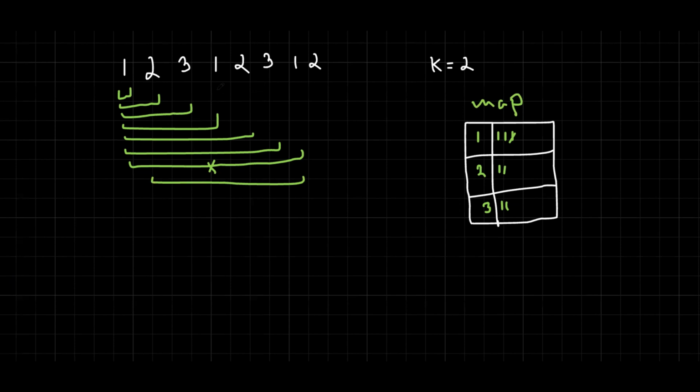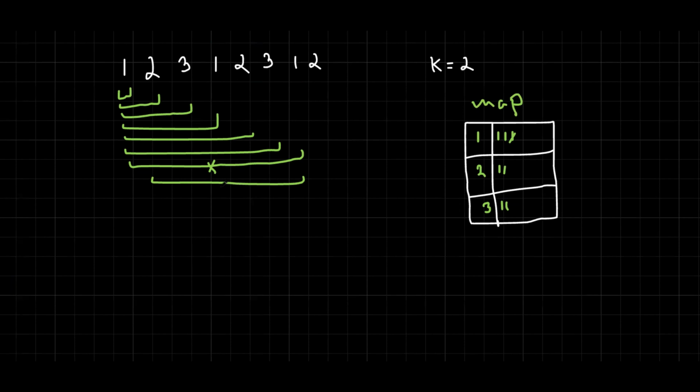Now the window is this. So we have to decrease 1 from the map. Now, so far so good. This window can also be one of the desired windows because all of the element frequencies are exactly 2 and the length is 6 here.